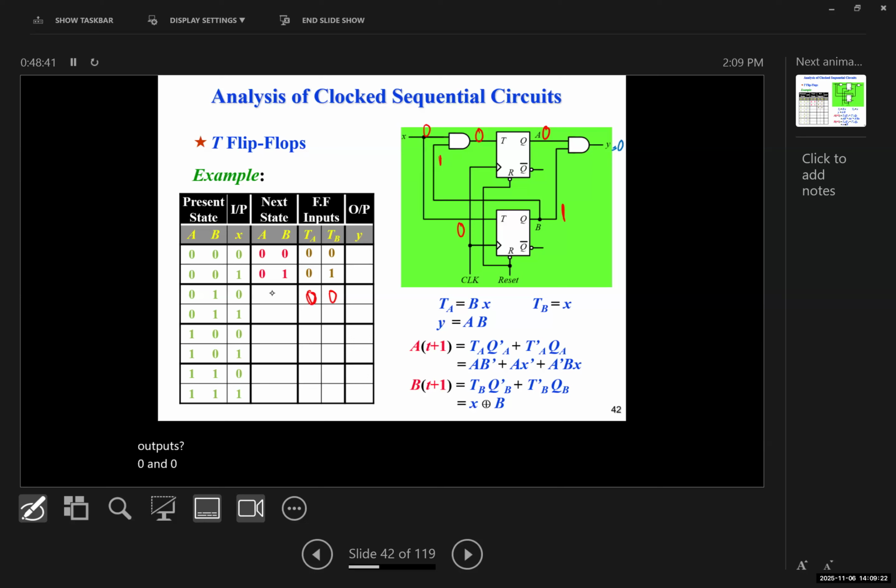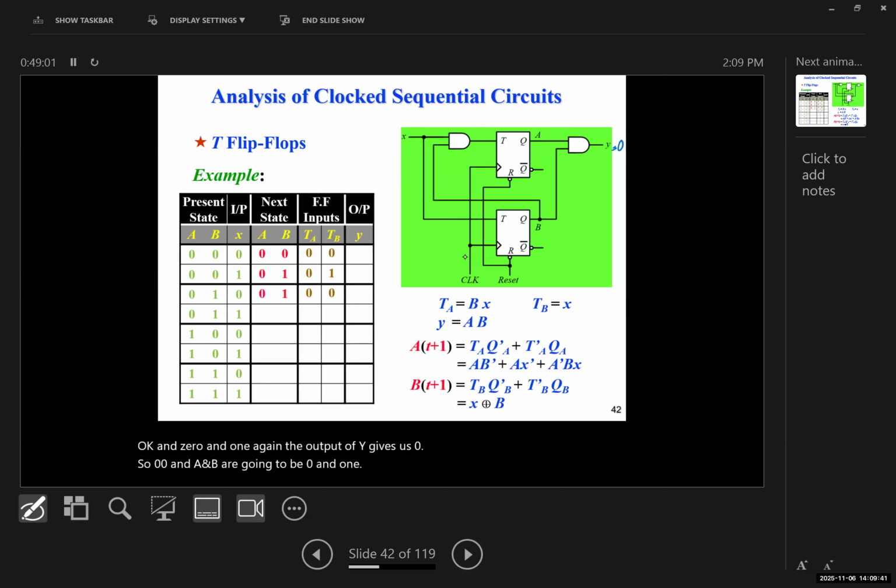The outputs will remain the same that it was in the previous stage. So it's going to be 0 and 1. Okay. And 0 and 1, again, the output of Y gives us 0. So 0, 0, and A and B are going to be 0 and 1.